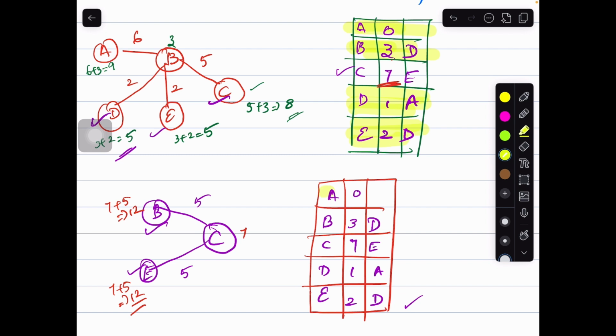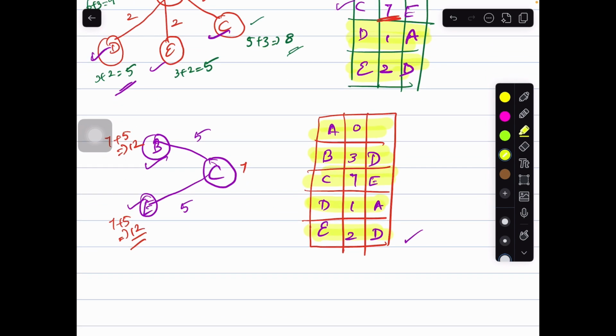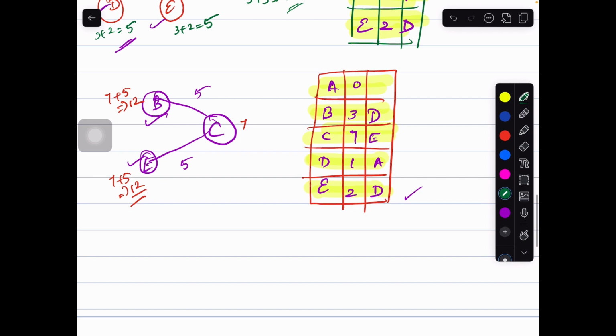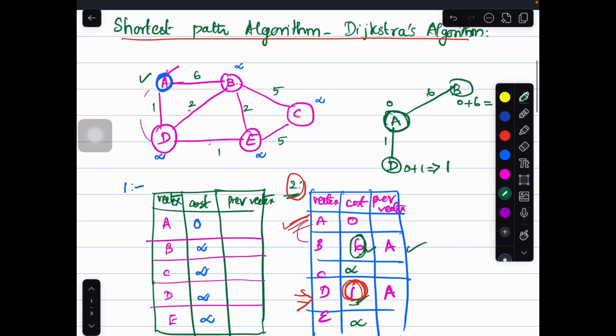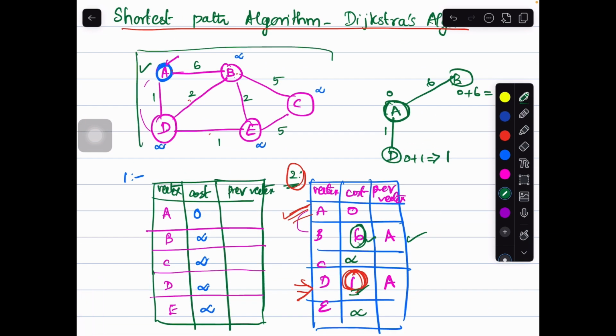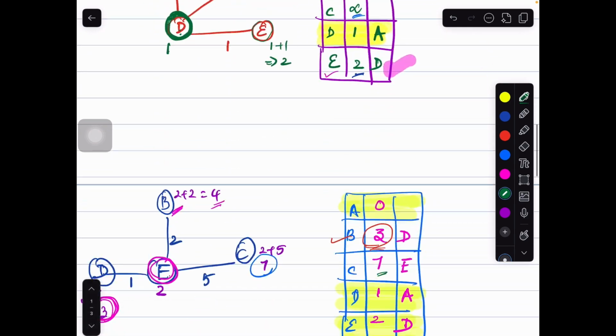Fine. So we have visited A now, then we have visited D, then we have visited E, then B and finally C. Now let us see how to check whether the shortest distance we have got is right or wrong. So we have got the graph here. Let me draw the given graph for you again.